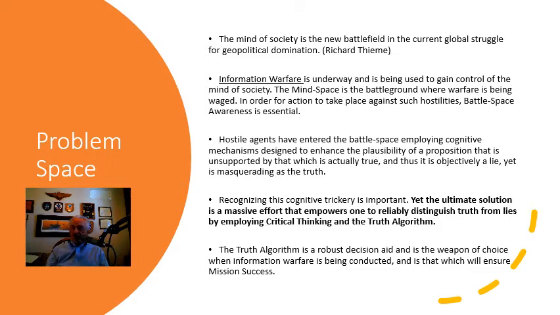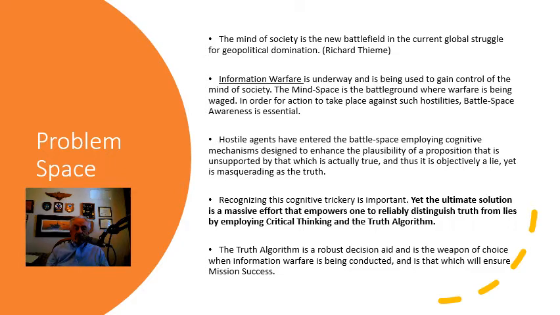Now, hostile agents have entered the battle space employing cognitive mechanisms designed to enhance the plausibility of a proposition that is unsupported by that which is actually true, and thus it is objectively a lie, yet is masquerading as the truth.